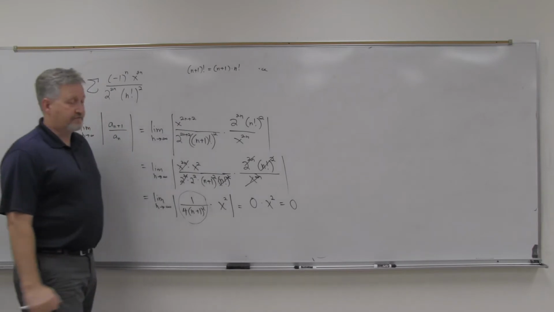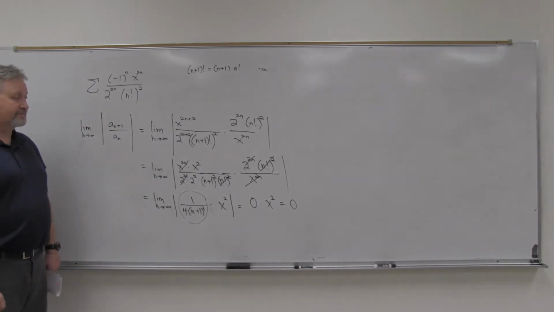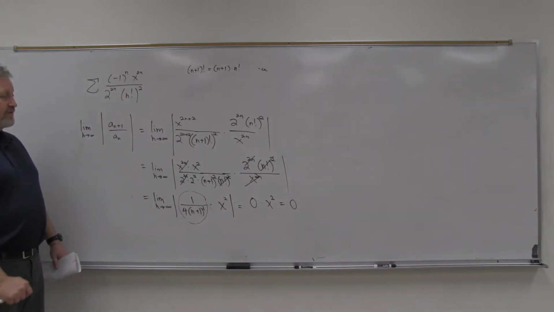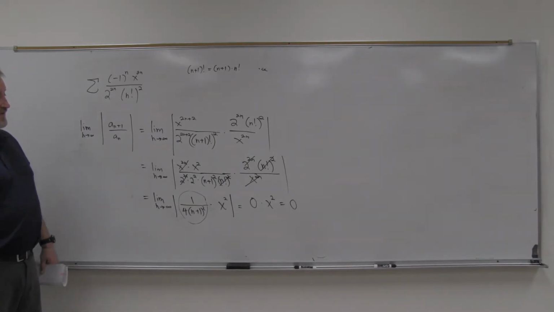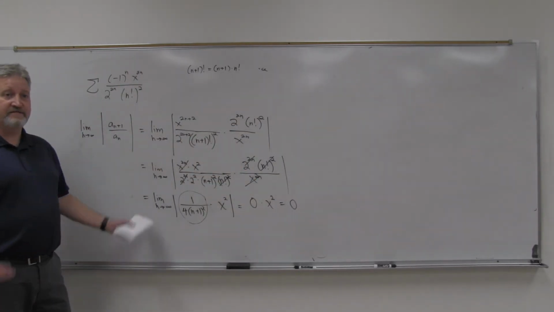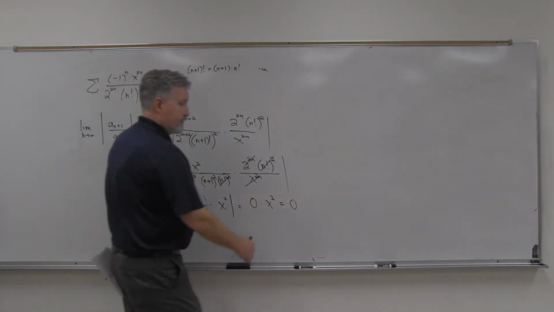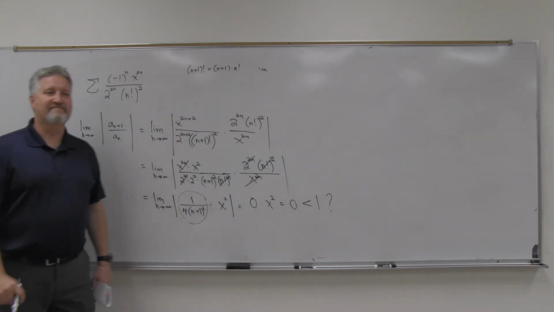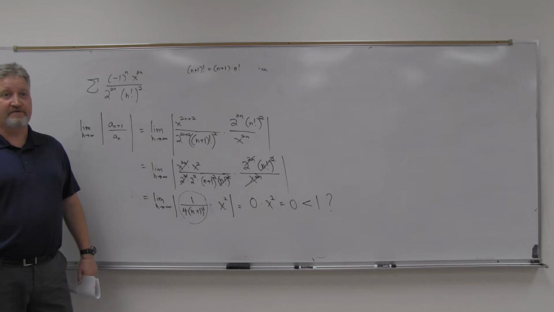And 0 times x squared is still going to be 0. So yeah, we haven't talked about one yet where that happens. So this limit comes out to be just 0. Well, ratio test, where's that less than 1? It's everywhere. 0 is less than 1 all the time. That's always true.